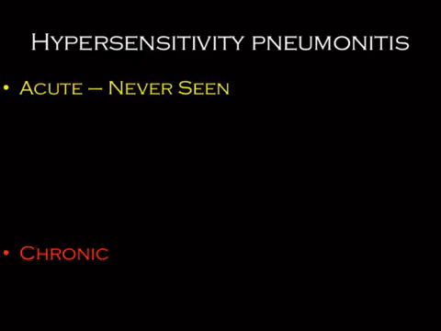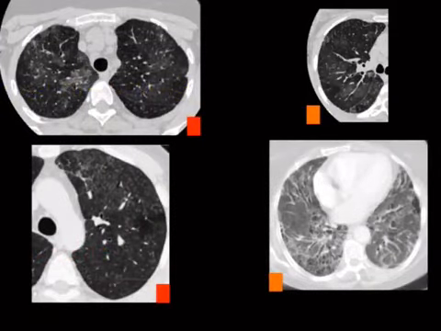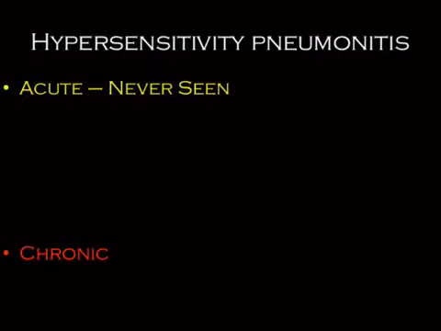So what we've got here is two different kinds of hypersensitivity pneumonitis. We've got hypersensitivity pneumonitis that is occurring in the subacute setting, and then we've got hypersensitivity pneumonitis that's occurring in the chronic setting.